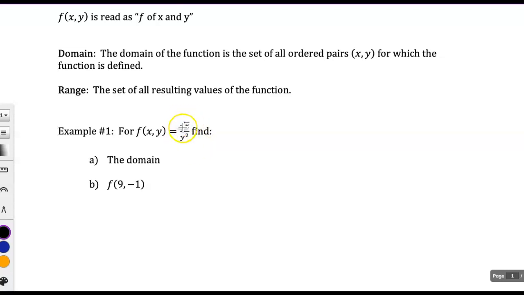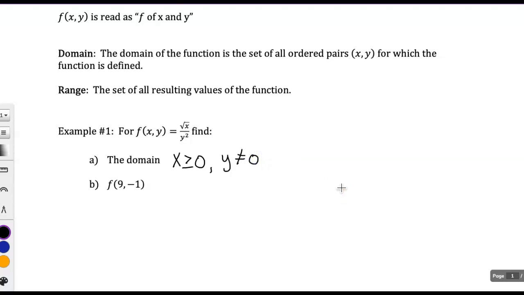If you look at this function right here, I know that I can't take the square root of a negative, so I would say x has to be greater than or equal to 0. And then y is in the denominator, so y cannot be equal to 0. And so the domain is in terms of x and y, okay?